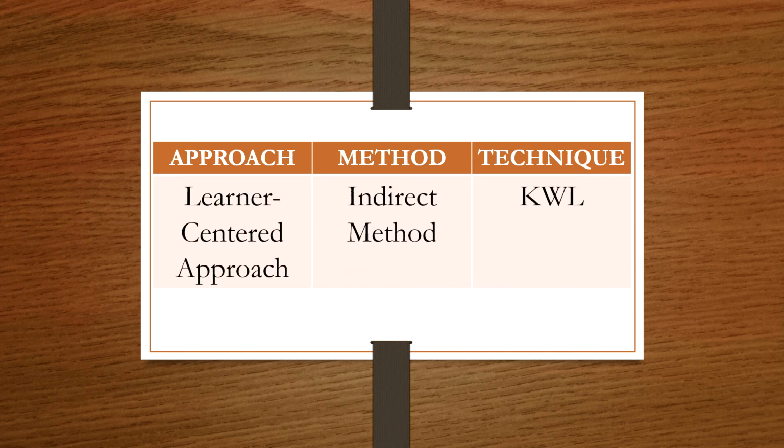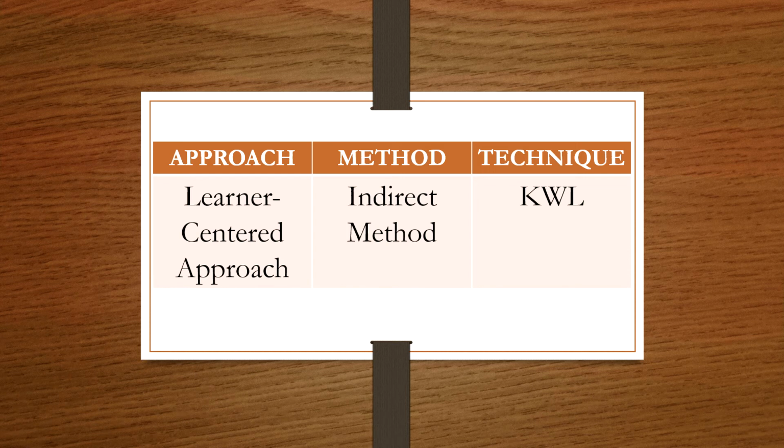For example, if your approach is learner-centered, then that means that the method and techniques that you will be using should give more time or moments for the students in the class rather than the teacher. So, it is better for you to use the indirect method, which is more learner dominated compared to the direct method, which is more teacher centered.